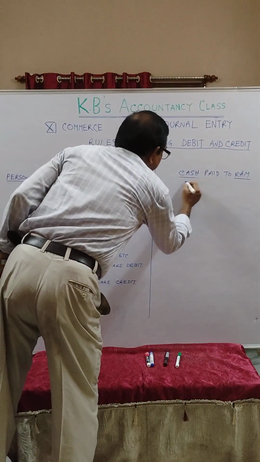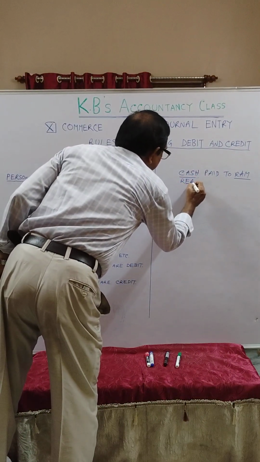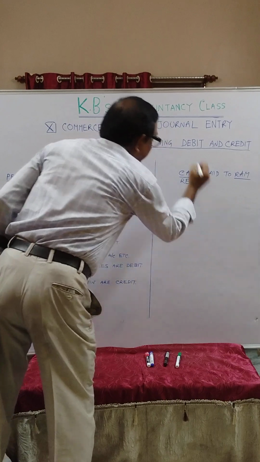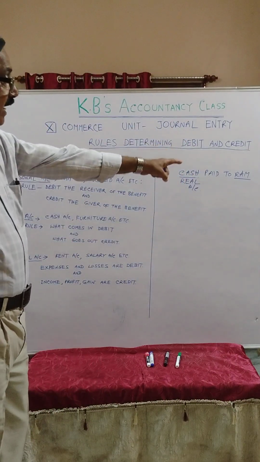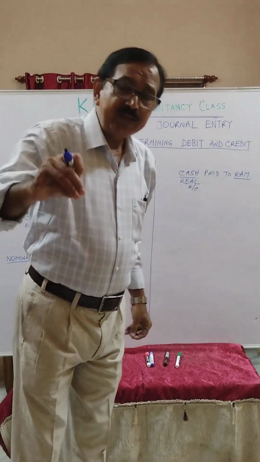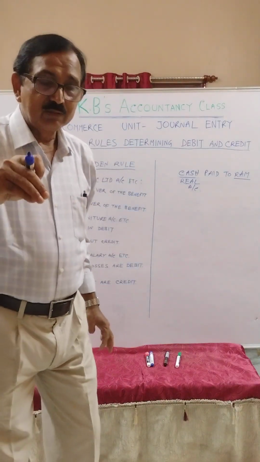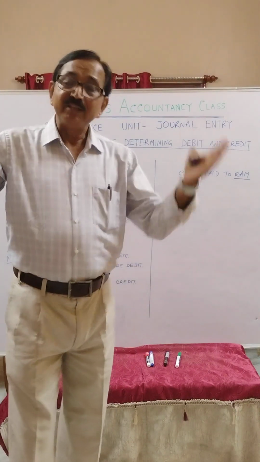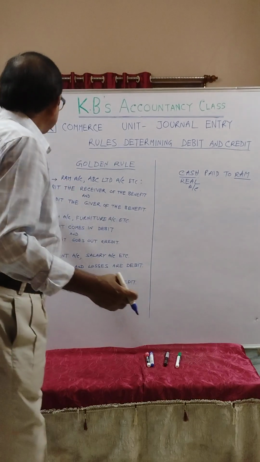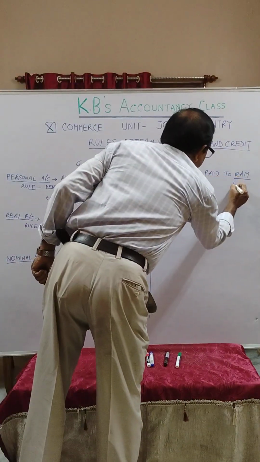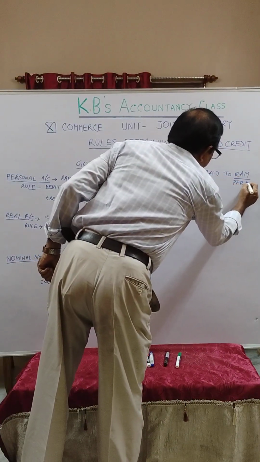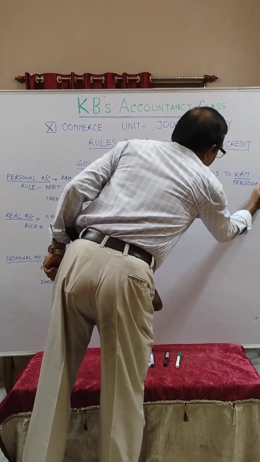So cash is a real account. Ram is the name of a person. Any name of a person or a firm or an institution is called a personal account. So Ram is a personal account.